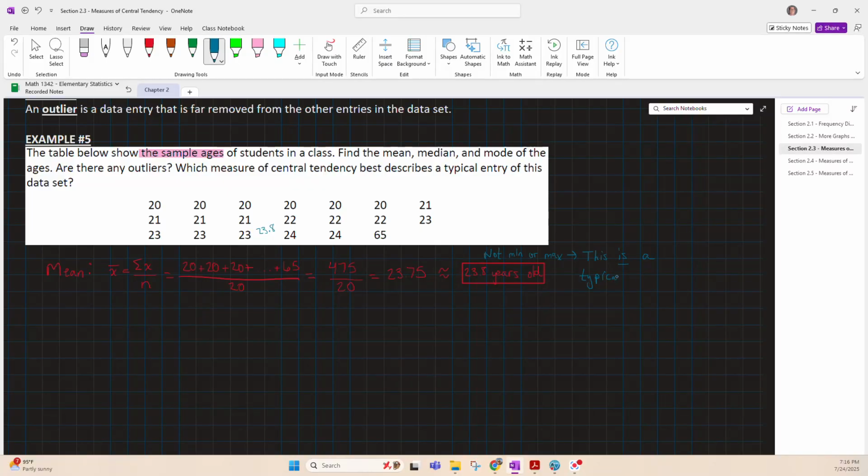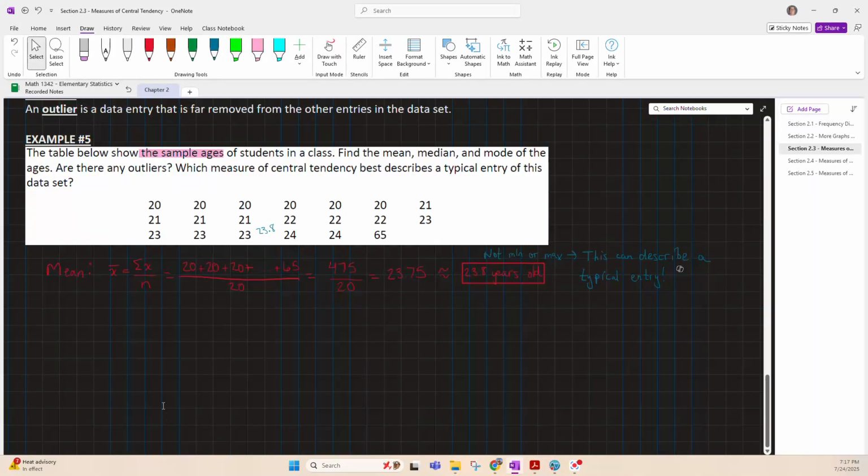Now, you may be thinking, wait a minute, I don't see a 23.8 as an entry. That's okay. It doesn't have to be an entry, but can it describe a typical entry? So I should say this can describe a typical entry, not this is. We're okay there. Okay, so there's the mean.